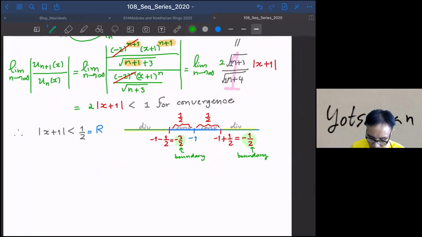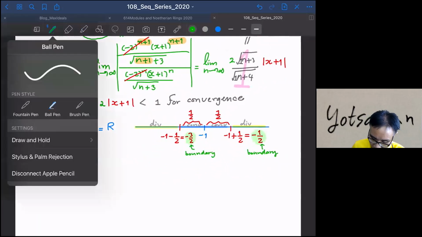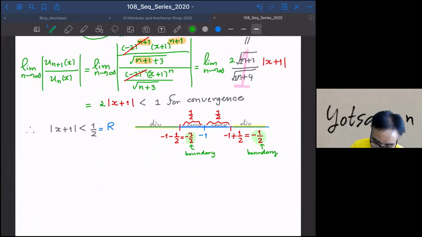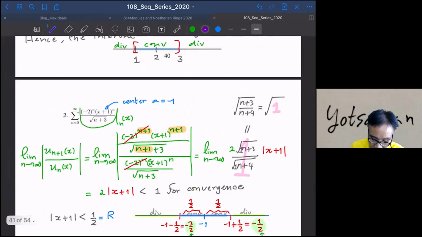Okay, so you're going to begin by x equal to negative 3/2. You plug x equal to negative 3/2 into your beginning series.